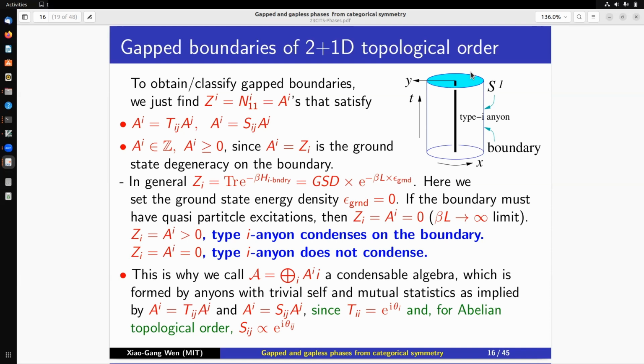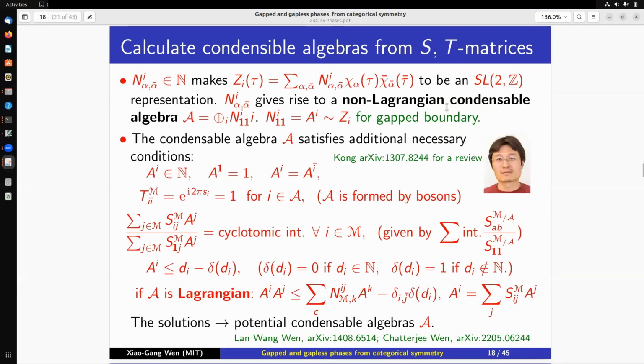So this is more general than the gapped boundary. For a gapped boundary, if the partition function is 0 it means it's not condensed, non-zero means condensed. However, for a gapless boundary, to see which anion condenses, we just examine this trivial sector, or this coefficient N_i11. 1 means trivial sector.